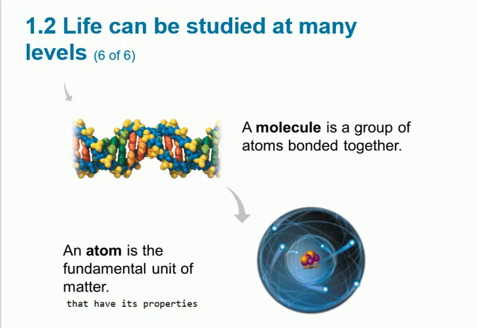So if you look inside the organelle, you would see molecules. What are the molecules? The molecule consists of different atoms that are bonded together. And the atom is the fundamental unit of matter. Do not confuse the fundamental unit of life with the fundamental unit of matter.